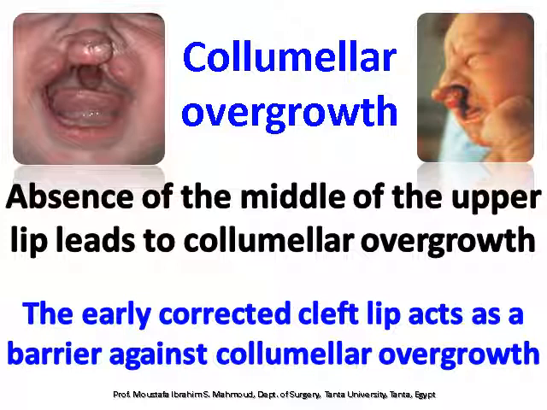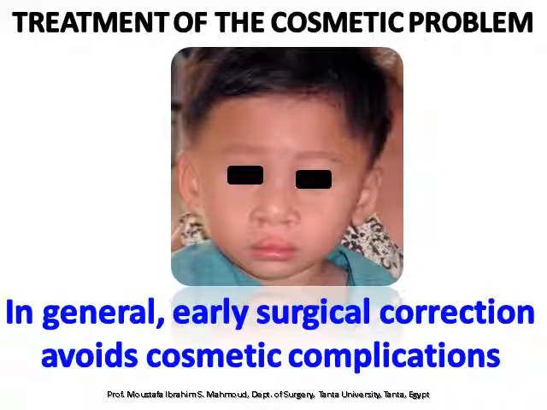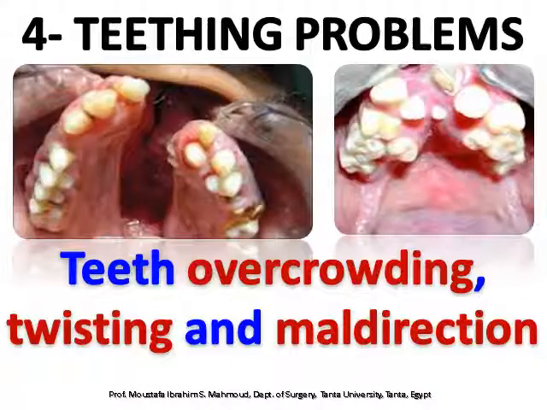The early corrected cleft lip acts as a barrier against columellar overgrowth. Treatment of the cosmetic problem, in general, early surgical correction avoids cosmetic complications.